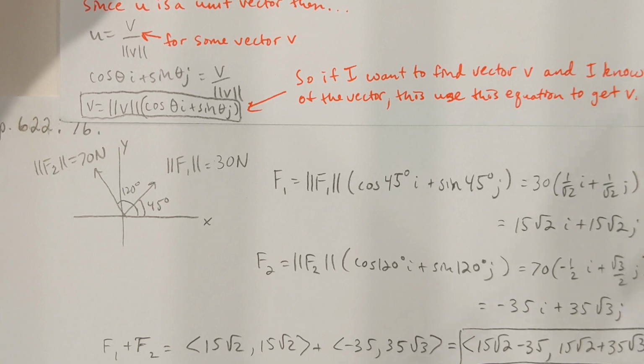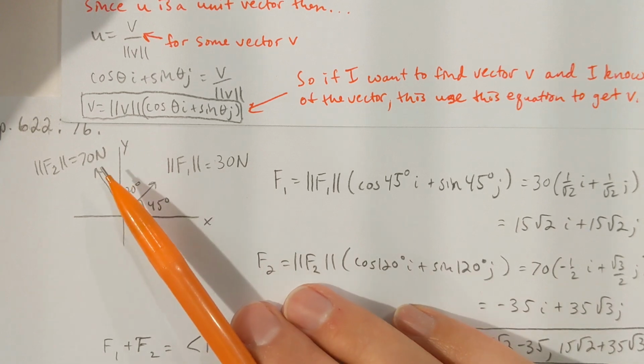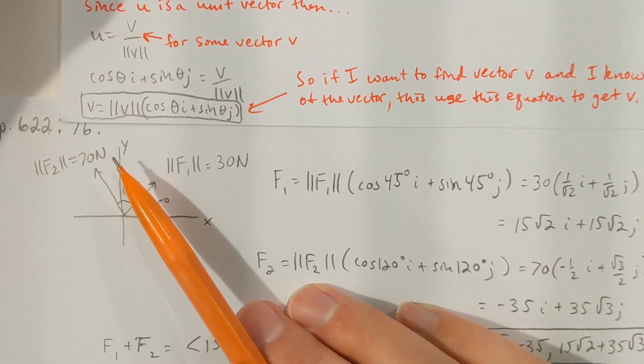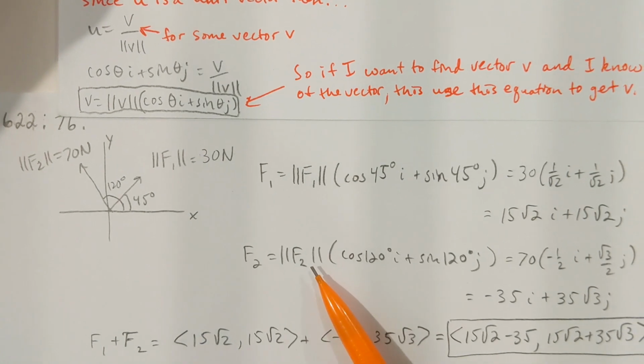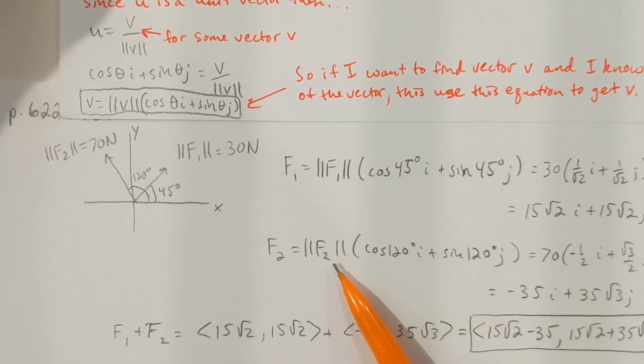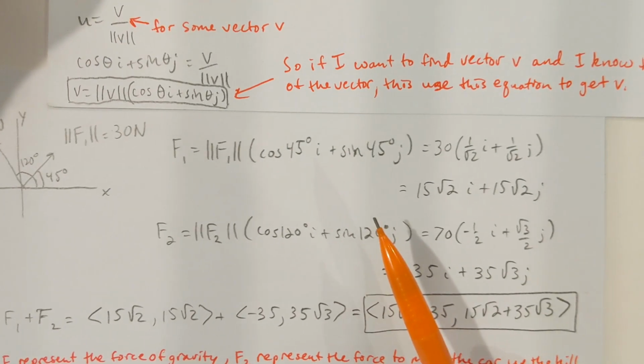Currently we're in the SI system, which is what most of the world uses. The common measurement for magnitude of a vector would be newtons. So the magnitude of F2 is 70 newtons, and the angle of inclination there is 120 degrees. That would be my theta value.